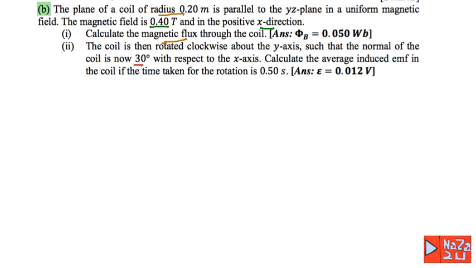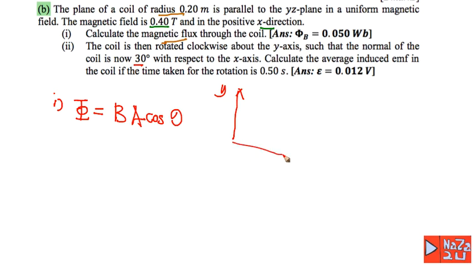Let's say this is the y-axis, this is the z-axis, and this is the x-axis, so this is 90 degrees, and this is 90 degrees.